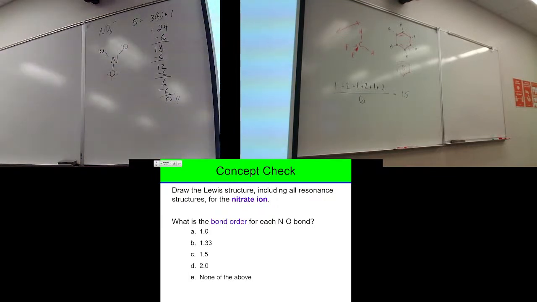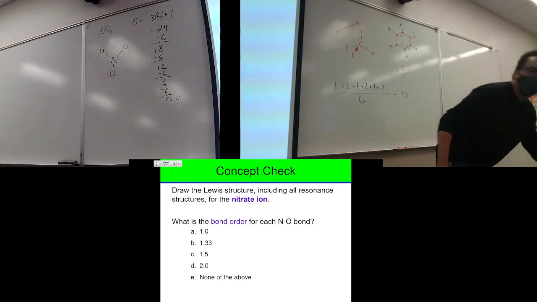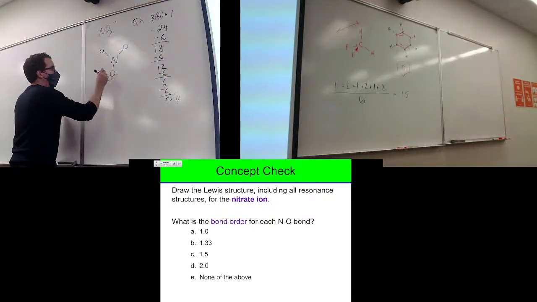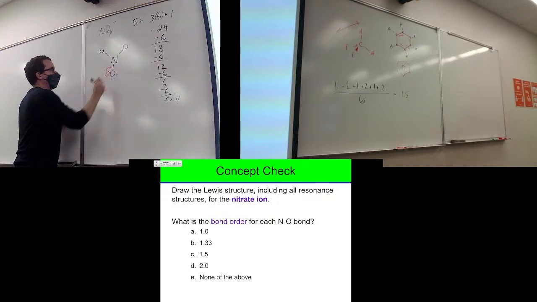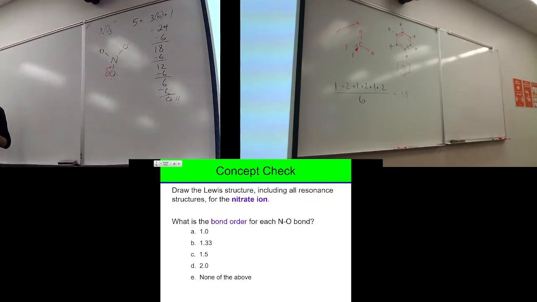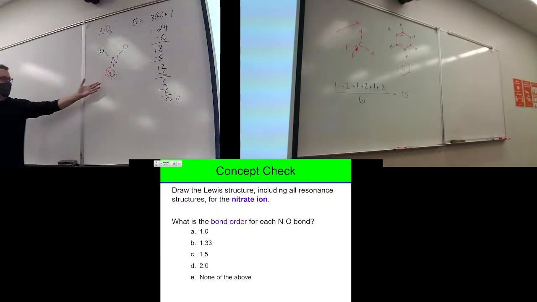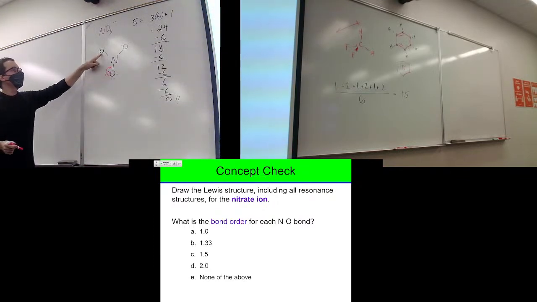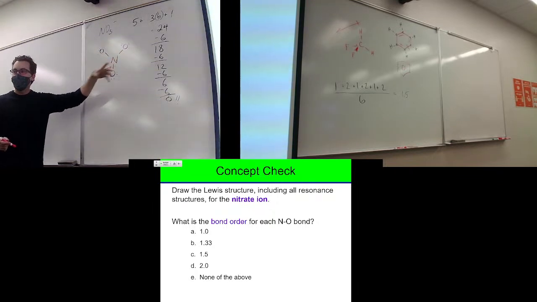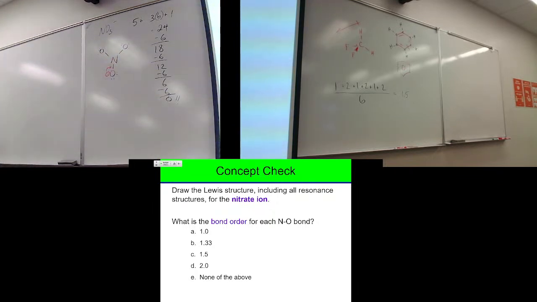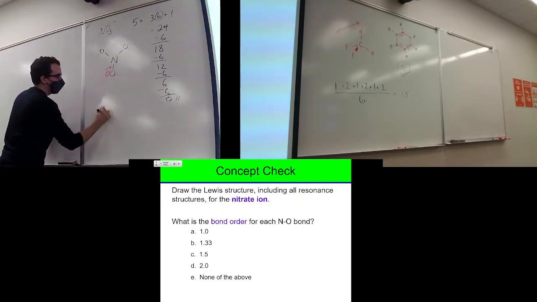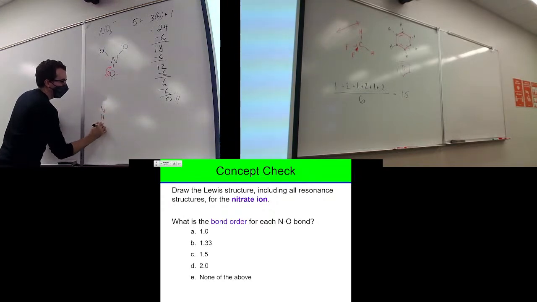So I will take a pair from one of the oxygens and move it between the nitrogen and oxygen as a double bond. Now, why did I take it from this oxygen? This coincidence. I could have taken it from this one, I could have taken it from this one. And this is the big clue that we have resonance structures. So these are the three different resonance structures we're going to create. One of them is going to look like this, where I borrowed it from the bottom.